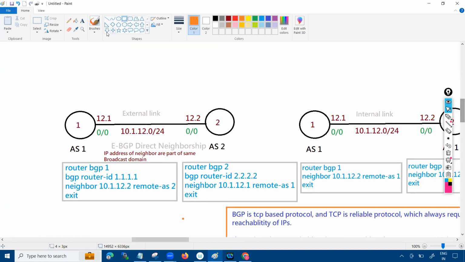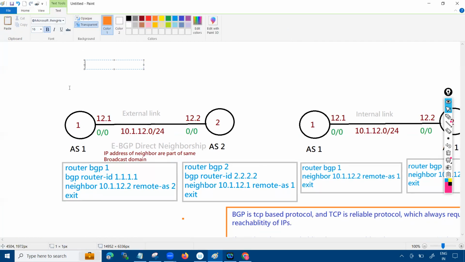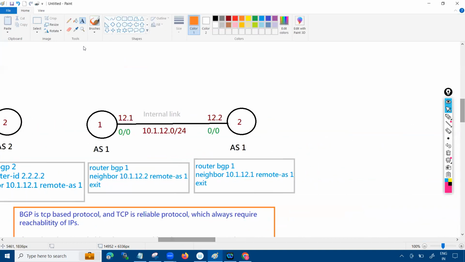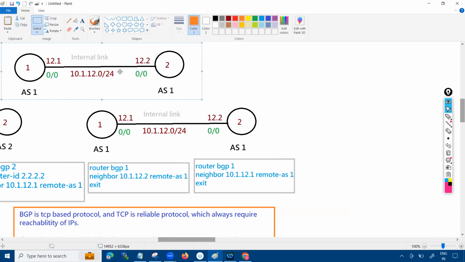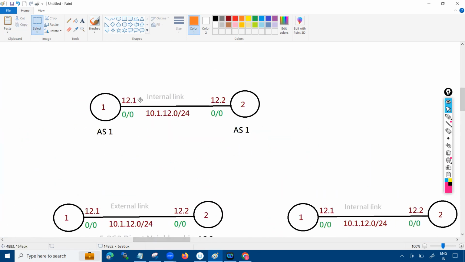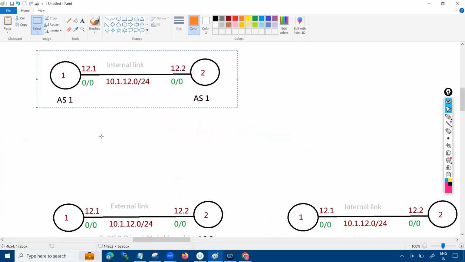Now I'll do one thing, copy and paste. Now understand this concept.